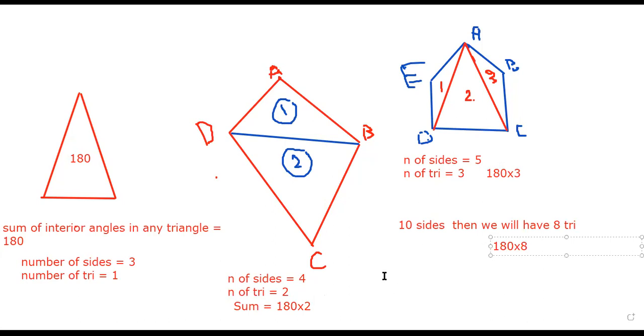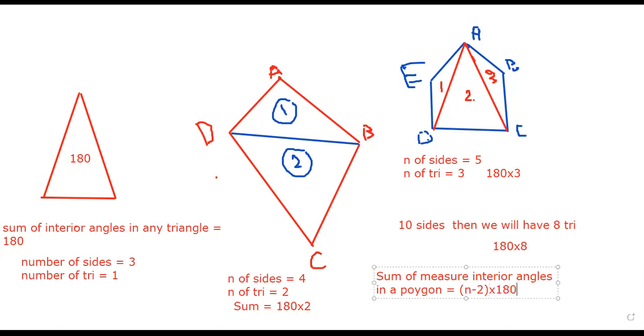For this reason, to calculate the sum of measures of interior angles in a polygon equals n minus 2 times 180.